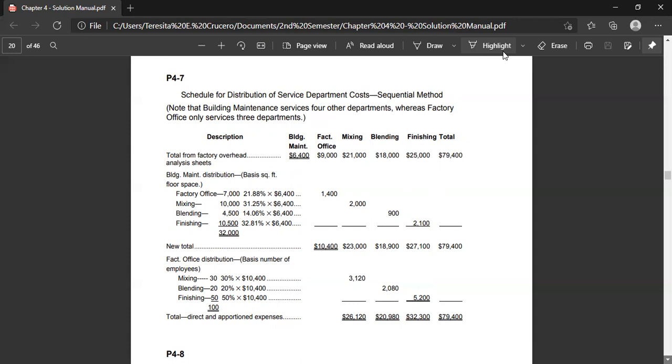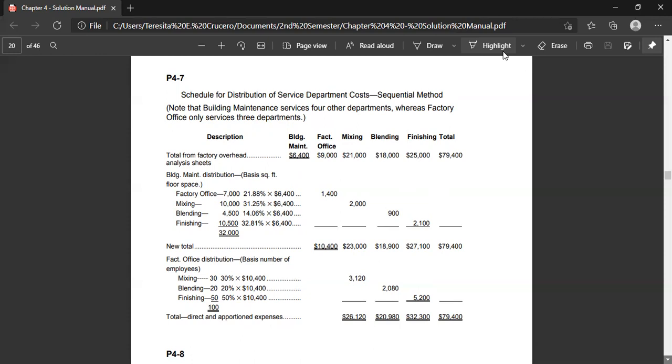So the factory office gets 1,400, the mixing $2,000, then we have the blending for $900 and the finishing $2,100, for a total building maintenance of 6,400.